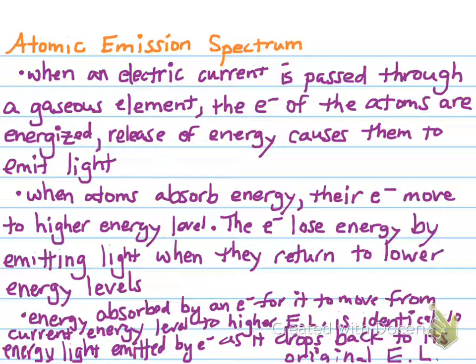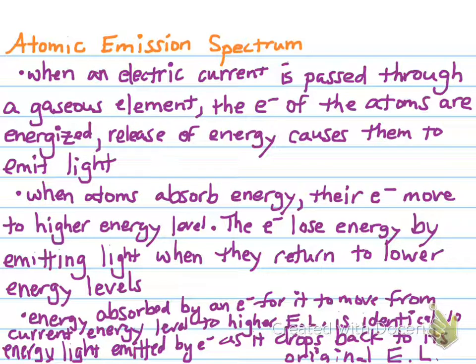So all I'm saying here is the amount of energy that that electron absorbs as it jumps from a lower energy level to a higher energy level, that amount of energy is exactly the same amount of energy that that electron gives off as it falls back down from that higher energy level back to its original energy level.